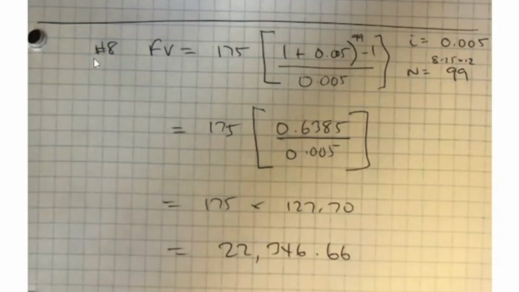So in the case of number 8, if we plug the numbers into our formula, so here we go. The payment's 175 times (1 plus 0.005, that's 2 zeros there, to the power of 99, which is the total number of months, which is the value of n, minus 1) over 0.005.